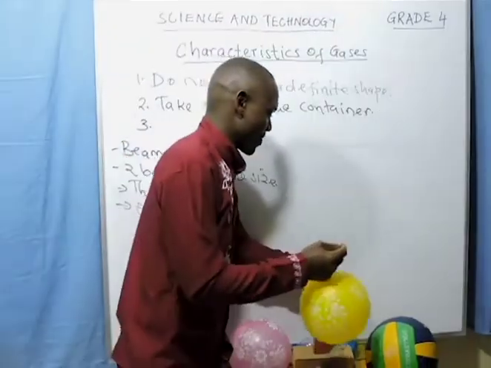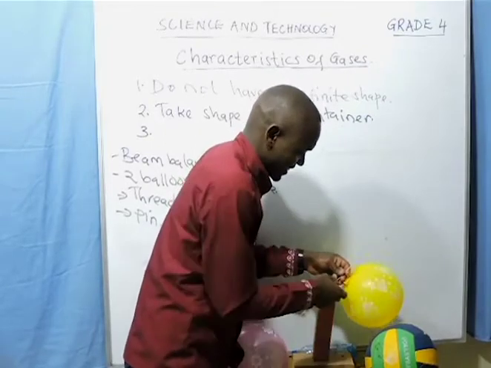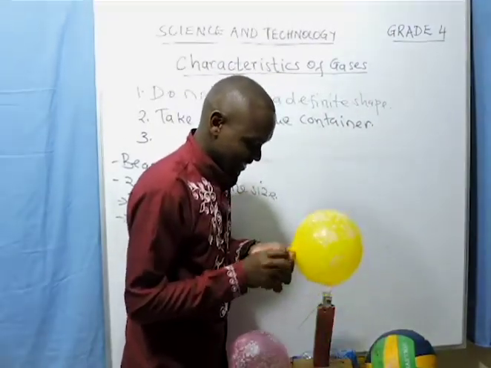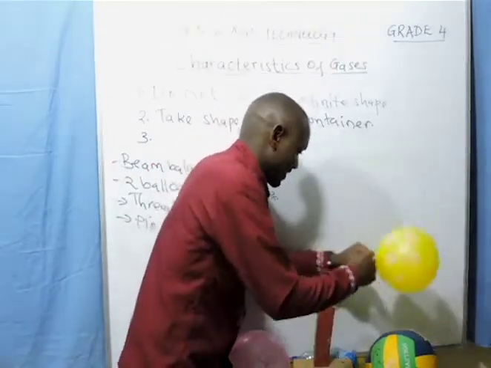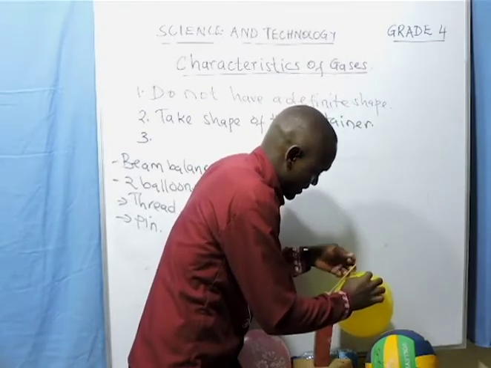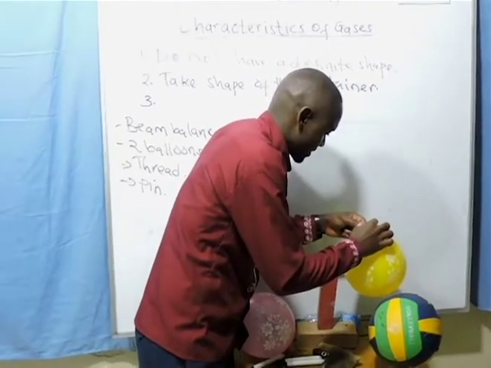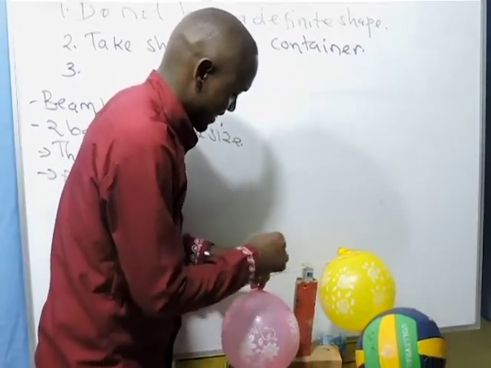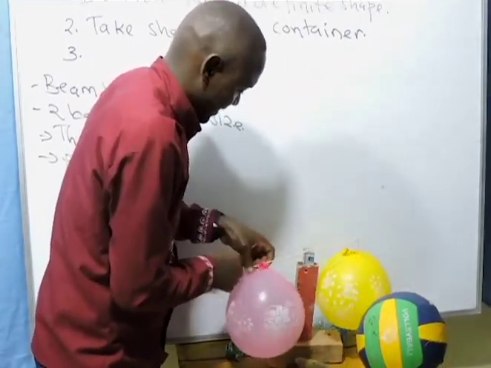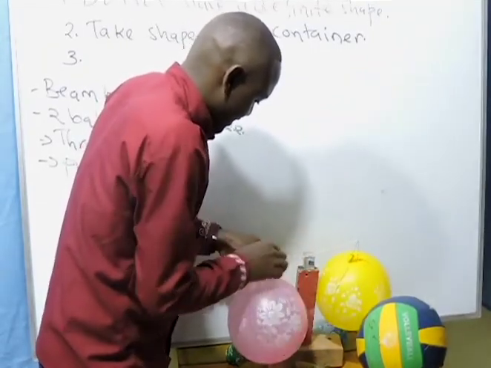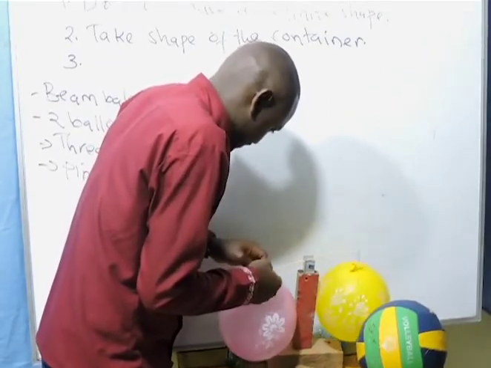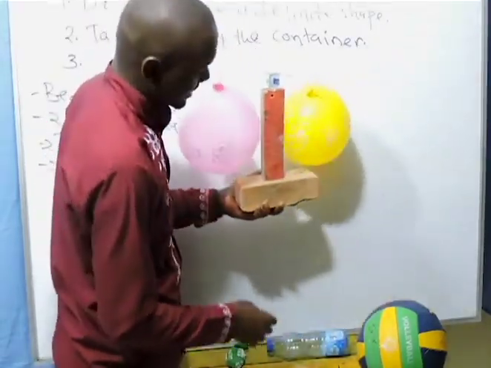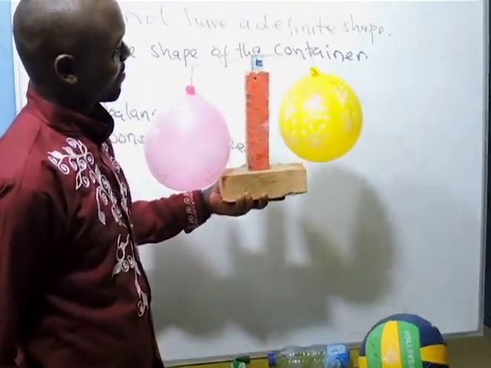So we tie the balloons on both sides of our beam balance and make sure that the balloons are balancing. You can see now my balloons are balancing.